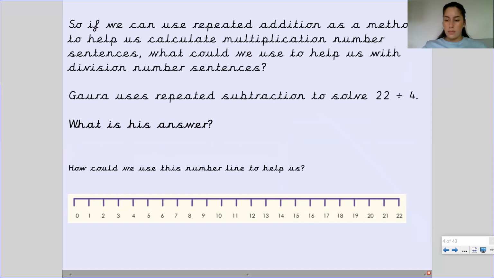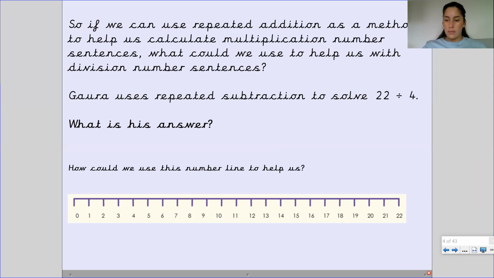If we can use repeated addition as a method to help us calculate multiplication, so for example, if we have got 2 times 3, we might add the number 2 together 3 times. What could we use to help us with a division number sentence?